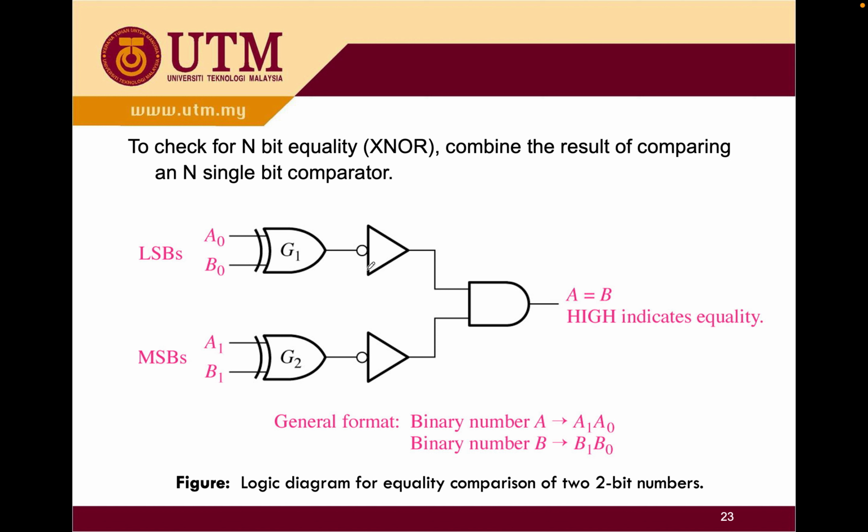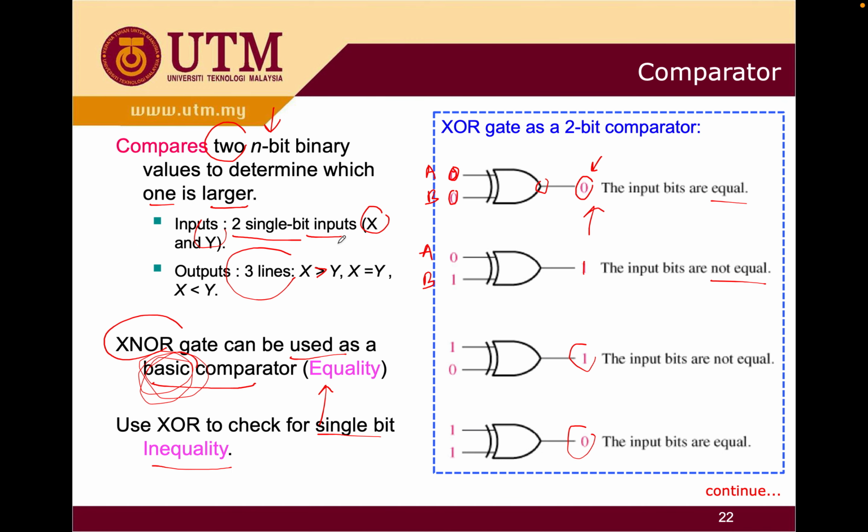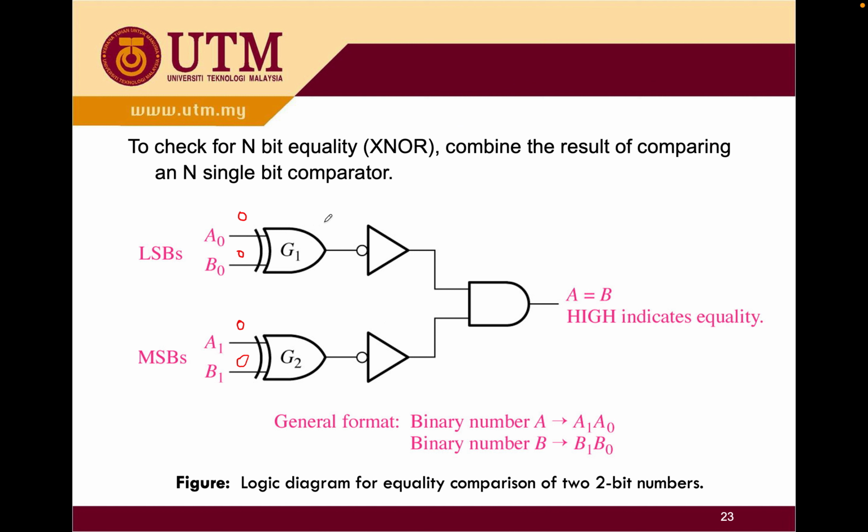How about if it is 0 and 0? 0 and 0, we will get 0 here. We will get 0 here. And our NOT, we will get 1 and 1. Of course, we're going to get 1. Yeah, correct. That means that it is equal. So this is a comparator.